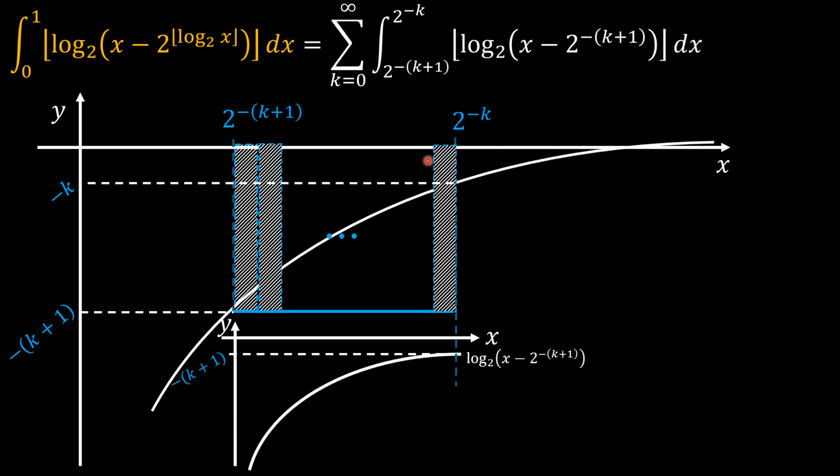But when x is 2 to the power negative k plus 1, this becomes 0, and so everything tends to infinity. So between this interval we have log to the base 2 of x minus 2 to the power negative k plus 1 behaving in this format.